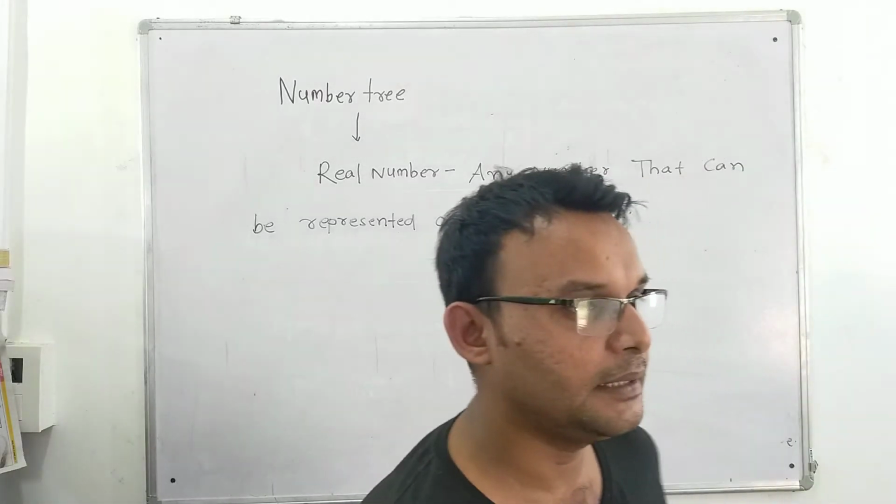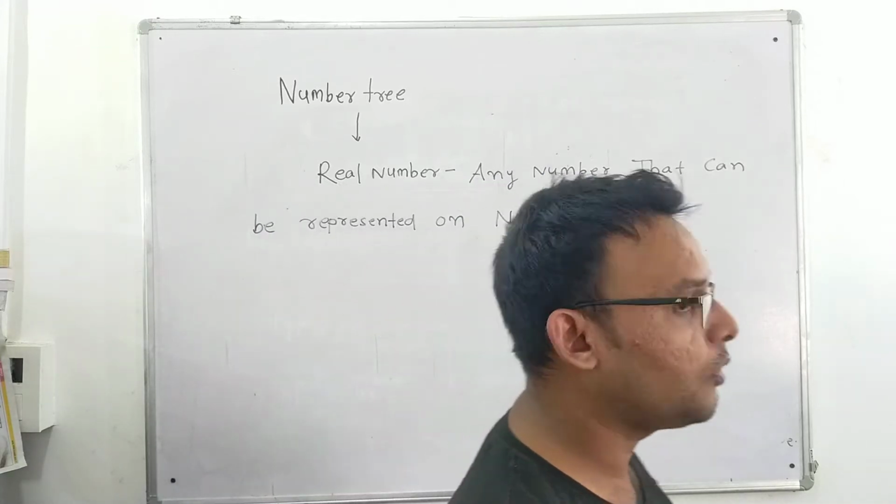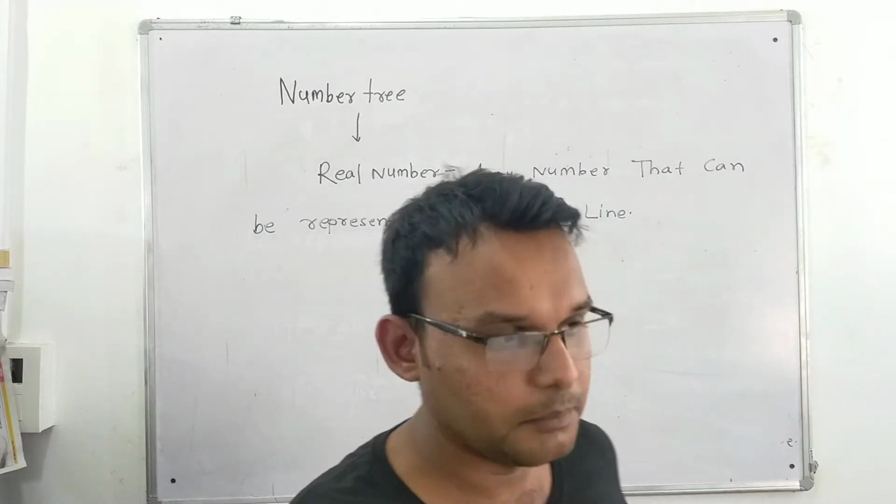Any number that can be represented or shown on a number line is called a real number.